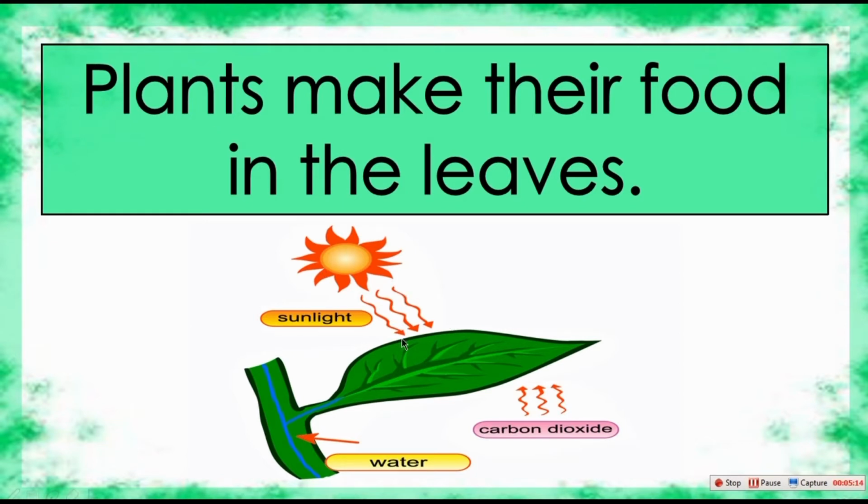Plants use the energy of the sun, and it will change water that comes from the soil and carbon dioxide that comes from humans and animals into sugar, and that is what we call glucose. Again, plants need sunlight, water, and carbon dioxide in order for them to make their own food.